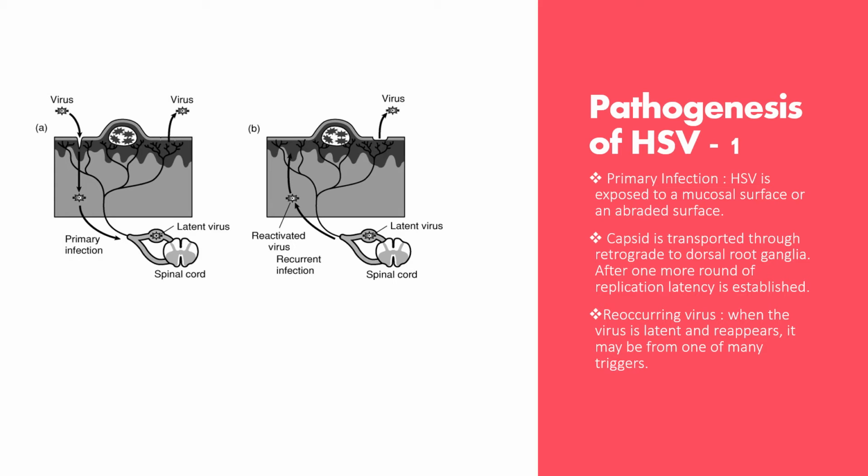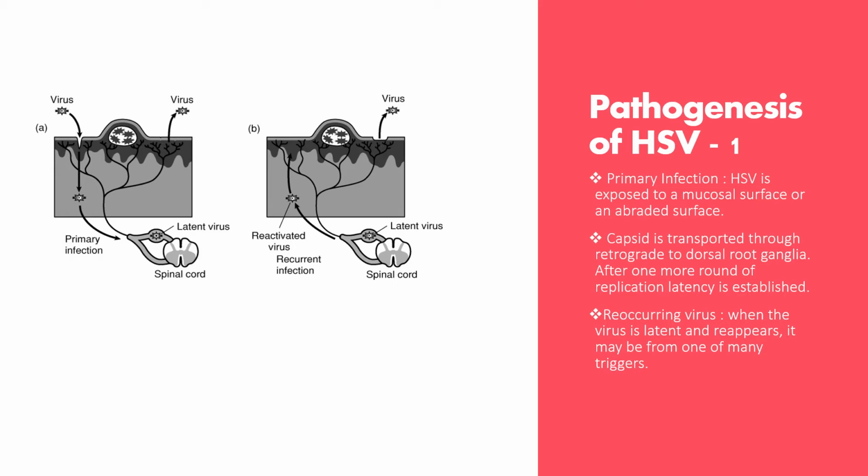For a recurring virus, when the virus is latent and reappears, it may be from one of many triggers, such as stress, too much sun, a female's menstruation cycle, and many other things.